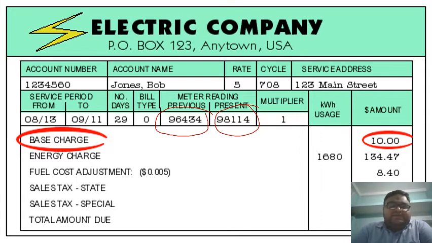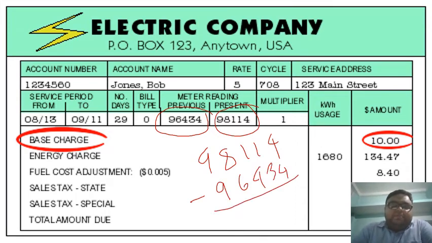So how much has this person consumed? 98114 minus 96434. How much will it become? 0. 11 minus 3, it will be 8. 11 minus 4, it will be 7. 10 minus 4, it will be 6. So he has consumed approximately 1600, 1700, 1800 watts of power.